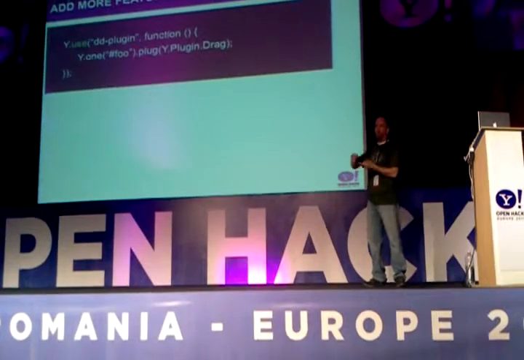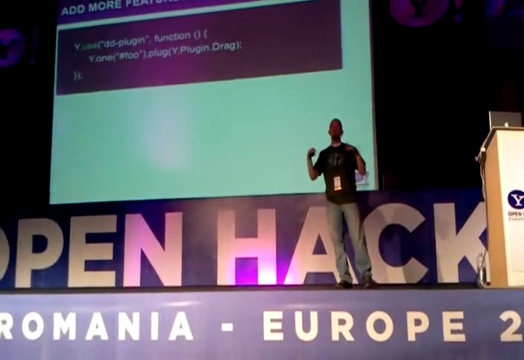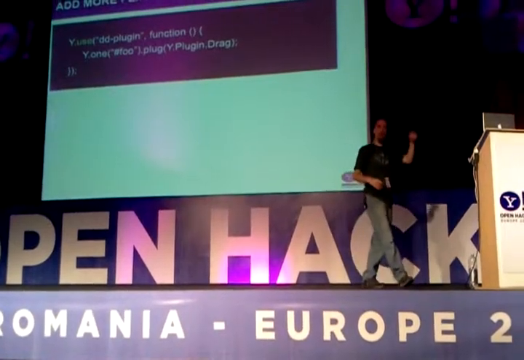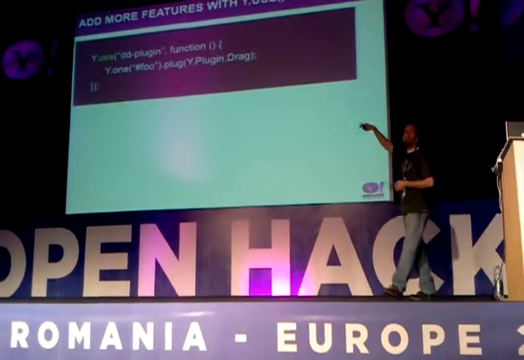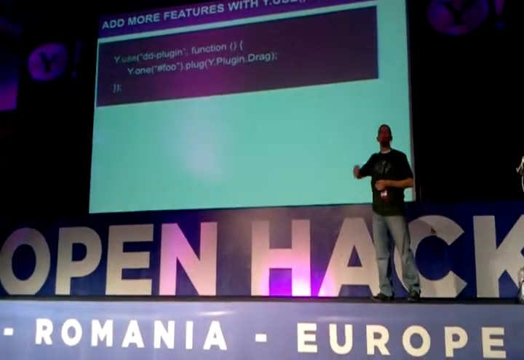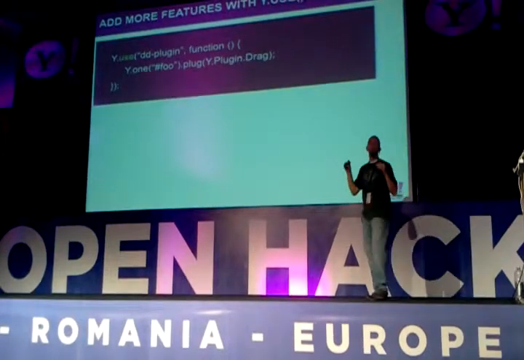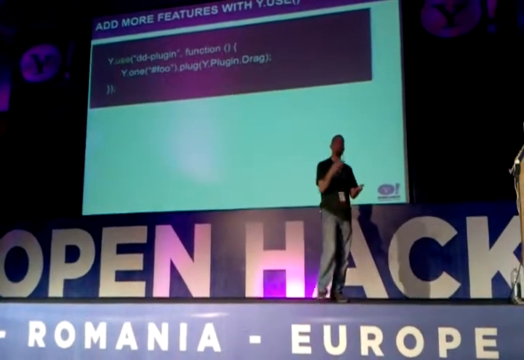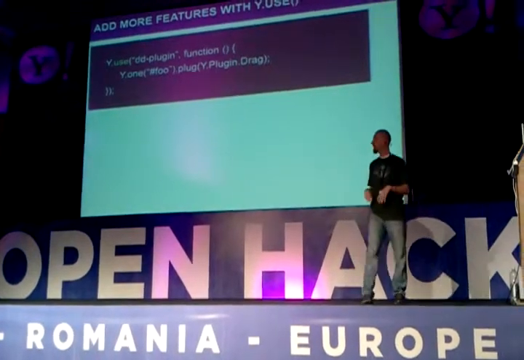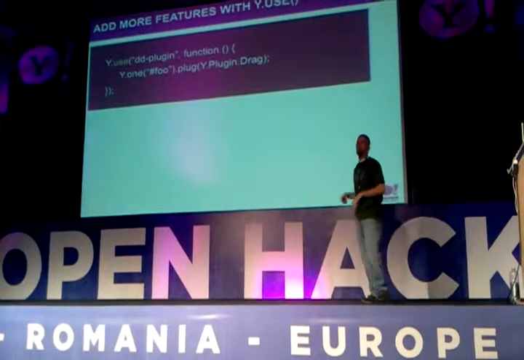So you end up with one HTTP request going out, hitting the CDN, and getting everything and its dependencies, and then the last argument in use is this callback for I've received my APIs, I've received my modules, they're now loaded onto my Y, and I'm good to go. So if you want to take the simple YUI, just get started, start doing your DOM manipulation, event manipulation, Ajax and stuff, but then you want to add on additional functionalities, use is where you do it.